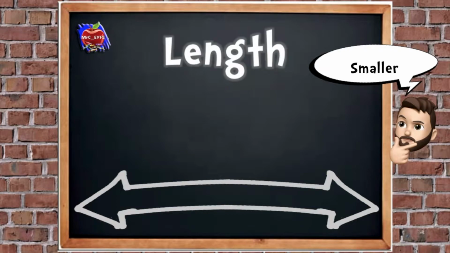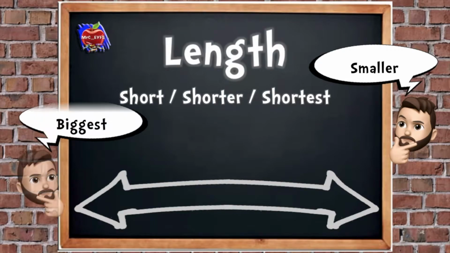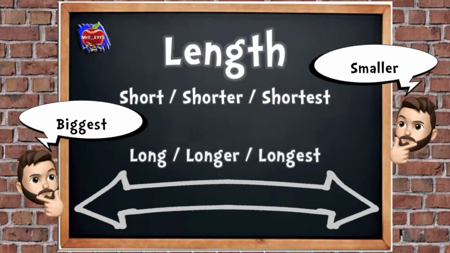But instead of saying smaller, let's try and use the words short, shorter or shortest. But also we might say that it's bigger or the biggest. So instead of saying those words, let's use the words long, longer and longest. They're the special words that we need to use when we measure length.